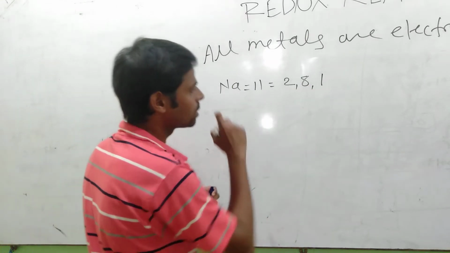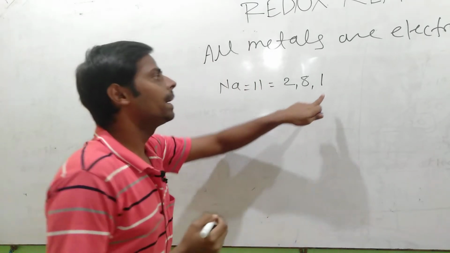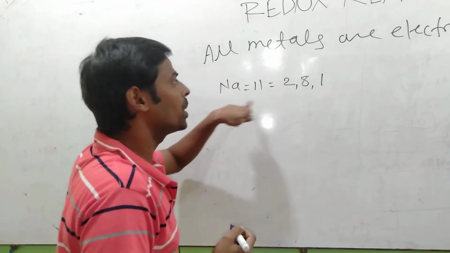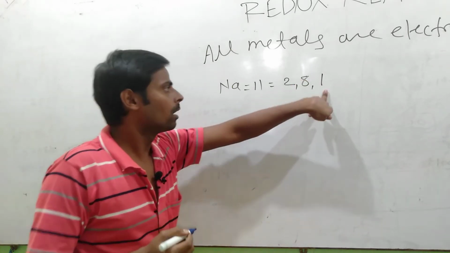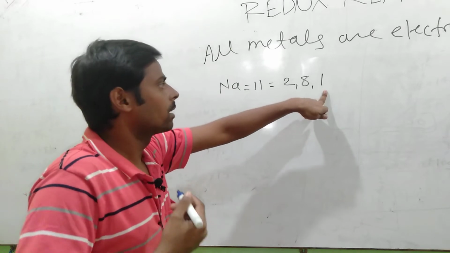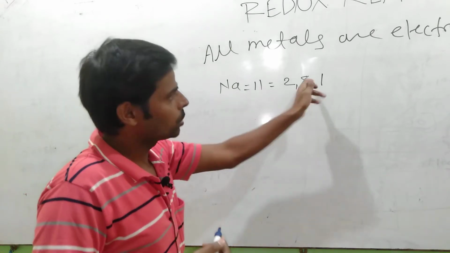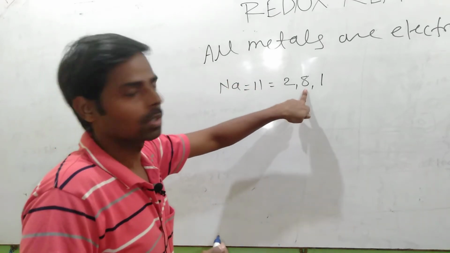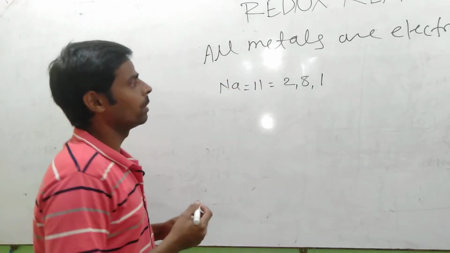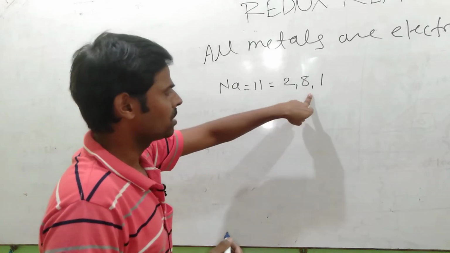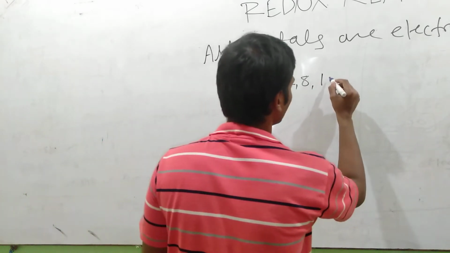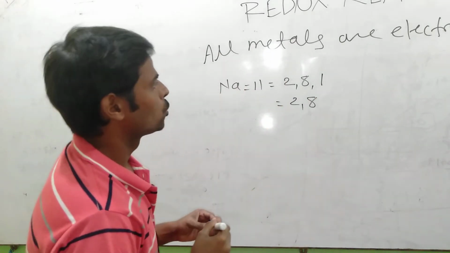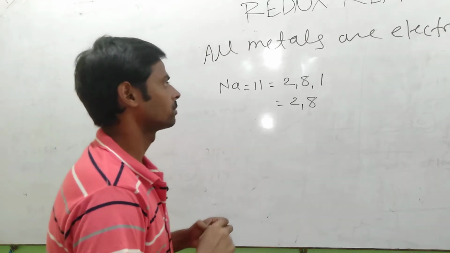To complete its octet, that is 8 electrons in the third shell, sodium needs 7 electrons. But there is a second option: if sodium loses its 1 electron, it can also become stable. Then the electronic configuration will be 2, 8. Why does sodium not take 7 electrons?